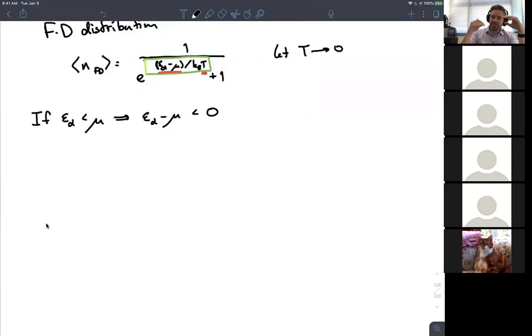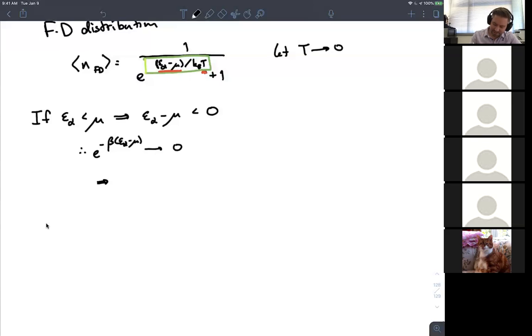And as the temperature goes to 0, it becomes a very, very big negative number. So e to the beta (epsilon alpha minus mu) goes to 0. Does that make sense? So the Fermi-Dirac distribution is equal to 1 for energy less than the chemical potential as the temperature goes to 0.